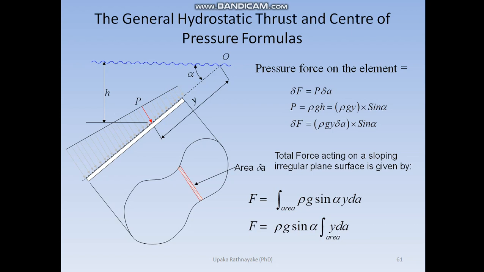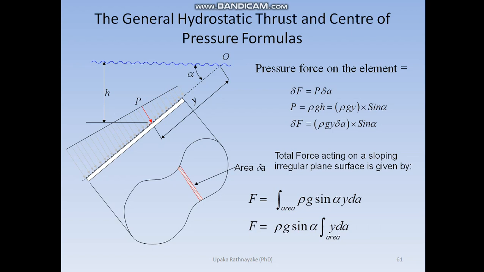Now the hydrostatic pressure at a depth of h is rho g h, or if we look at the inclined distances, it is rho g y sin alpha.